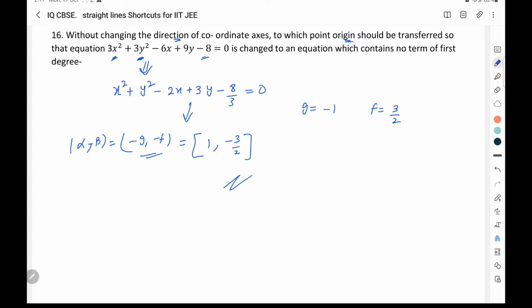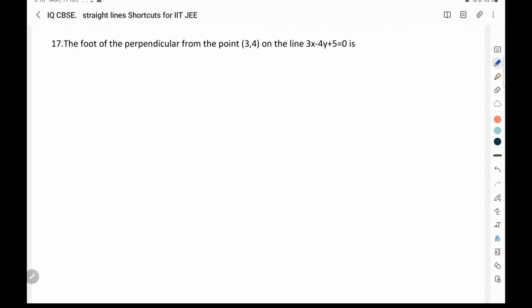Okay, next. Here we need the foot of the perpendicular from this point to this line. Actually there is a direct formula. The length of the perpendicular is mod ax1 plus by1 plus c by root over a square plus b square, which means the distance between the point and the foot of the perpendicular.